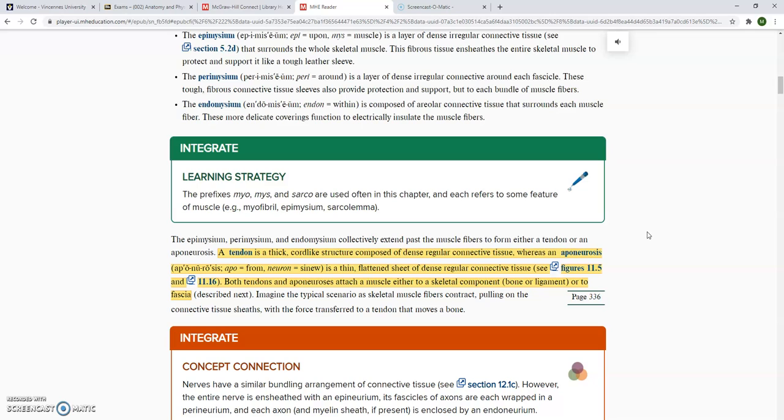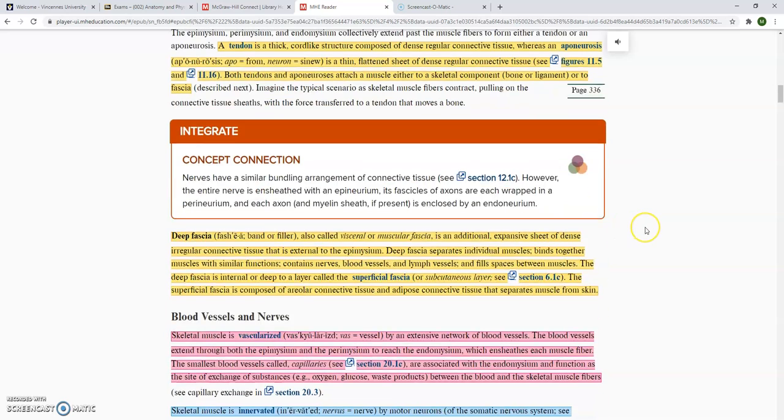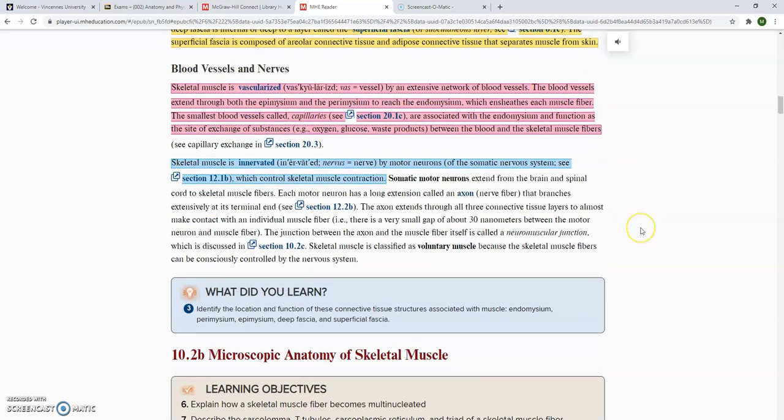So we're also going to be familiar with the blood vessels and nerves that are associated with skeletal muscle tissue, and kind of why they're there, which is usually the same reason no matter what the organ, tissue, or body system is.